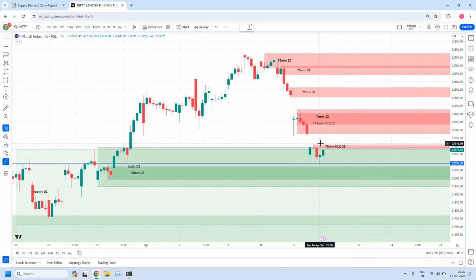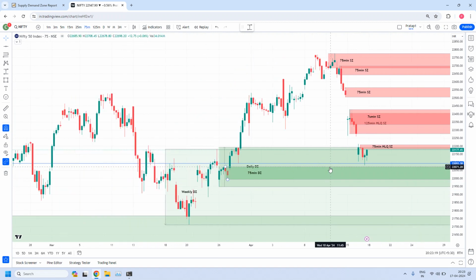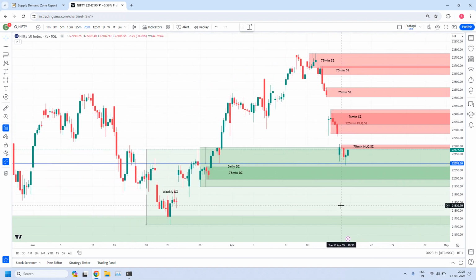Either this one will be violated and prices will move up, or this 75 minutes demand zone will be violated and prices go down, and ultimately the daily zone also will be violated and the daily trend will change to a downtrend. We all should observe these points in tomorrow's session. Very interesting.